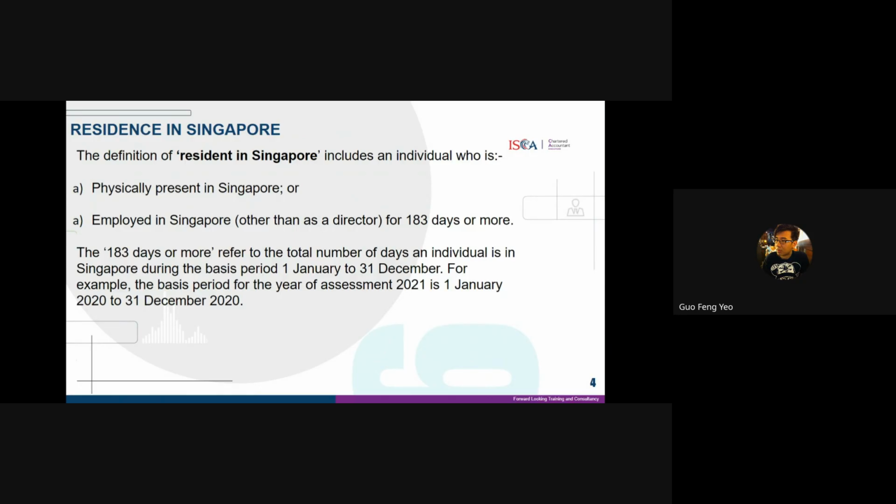The 183 days or more refer to the total number of days an individual is in Singapore during the relevant basis period. For example, the basis period of YA 2021 is 1st January 2020 to 31st December 2020. Essentially, for an individual's purposes, their basis period will always be the calendar year end.